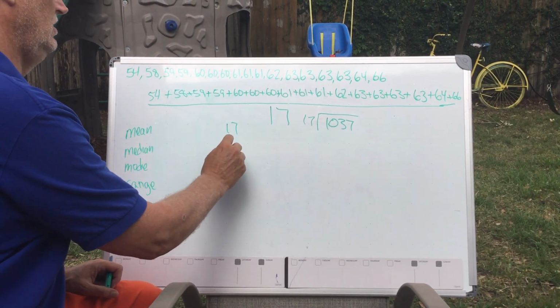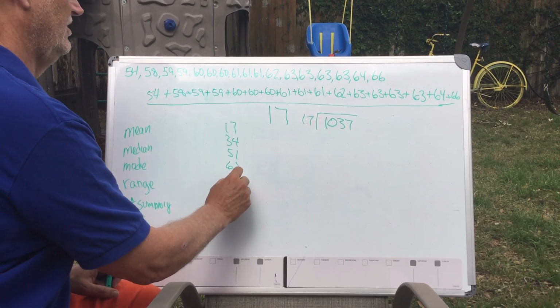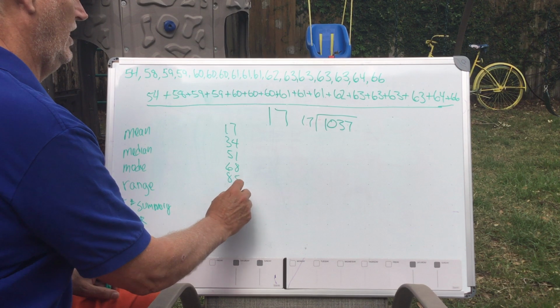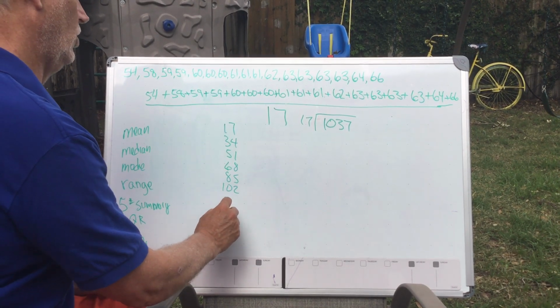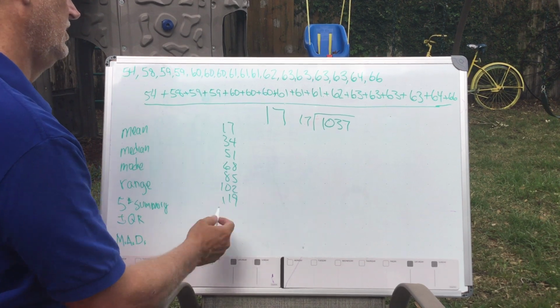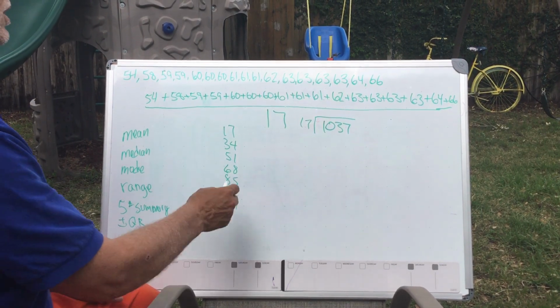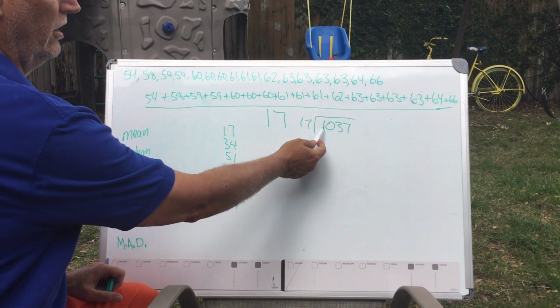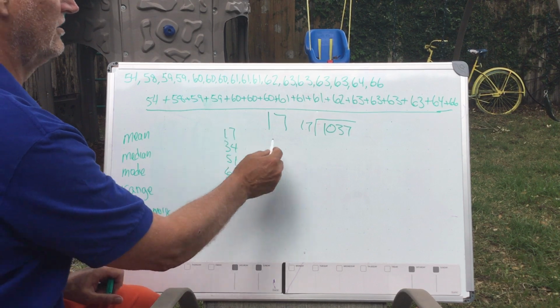So I'm just going to do my bank of 17 real quick. 17, 34, 51, 68, 85, 102, 119, and I'm just going to stop there because I'm not going to go above that. So I know I can go 103 with 102, so 1, 2, 3, 4, 5, 6.